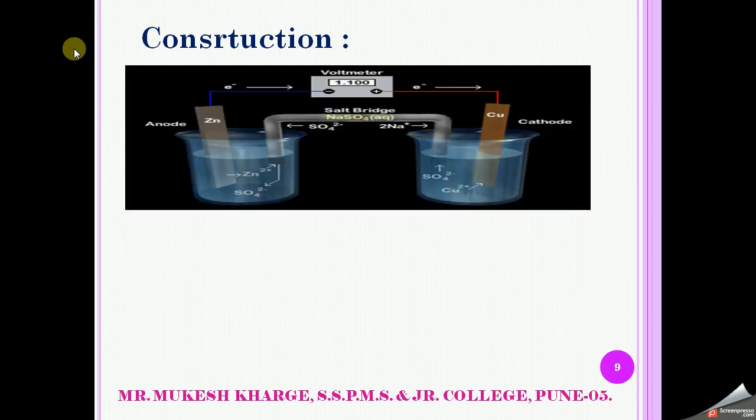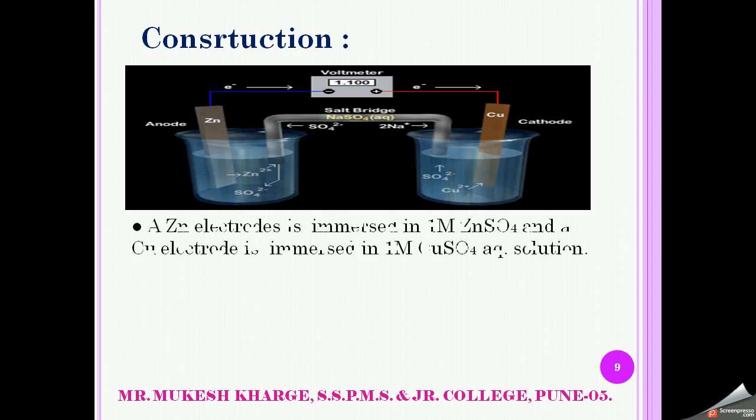Now let us discuss the construction of the Daniell cell. This is your diagram. Now let us see how it is constructed. A zinc electrode is immersed in 1 molar zinc sulfate solution, and a copper electrode is immersed in 1 molar copper sulfate solution, which is aqueous.